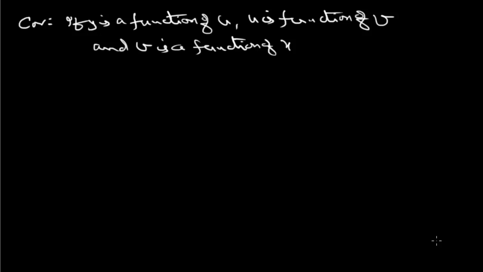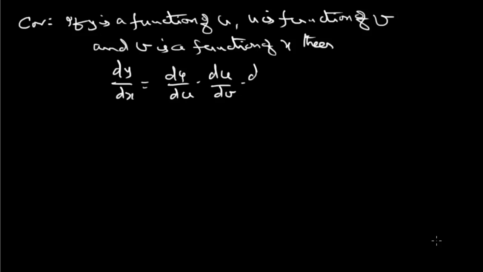Then by the same method, dy by dx is equal to dy by du into du by dv into dv by dx, which is called the chain rule.